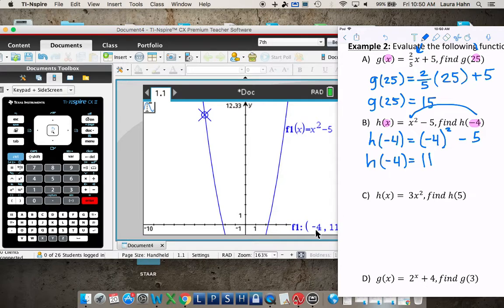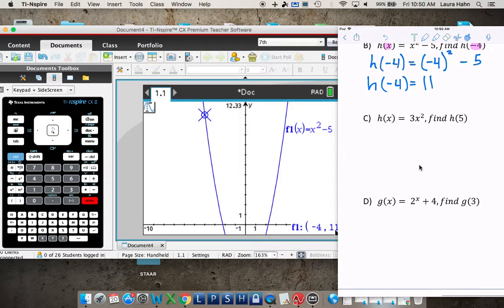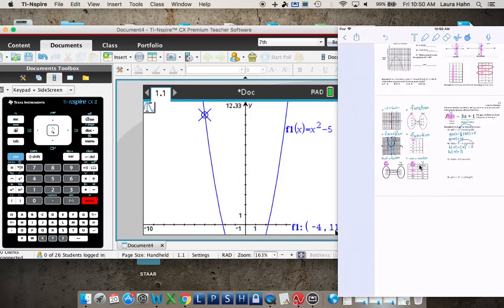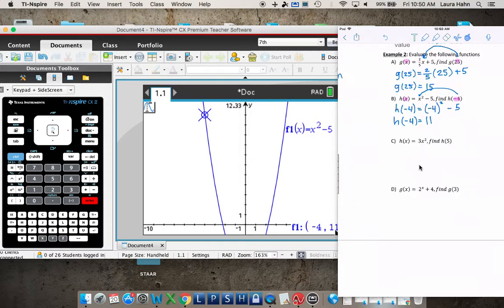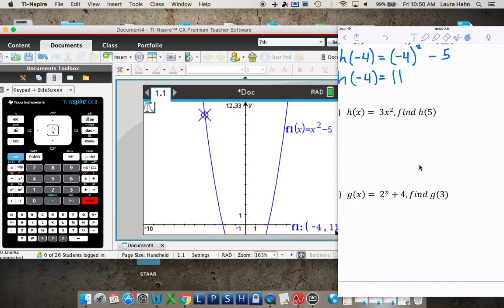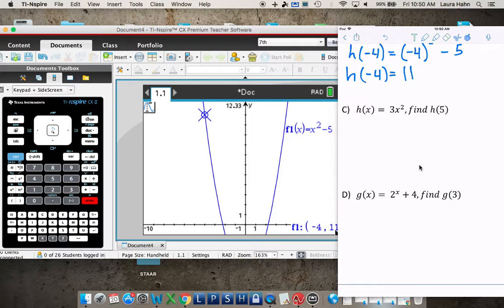Notice, when x is negative 4, y is 11, exactly the same as what we got. All right, so I'm going to continue to do it both ways for now, just to get us in the practice of it.